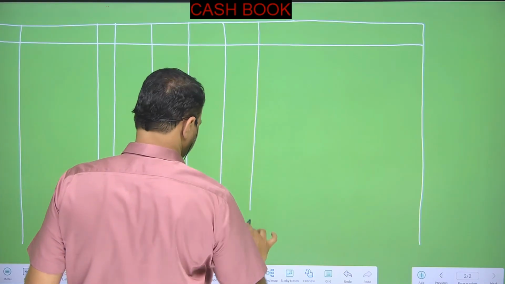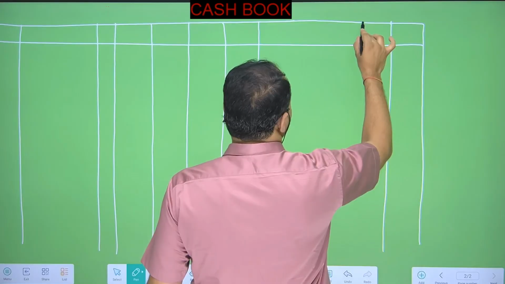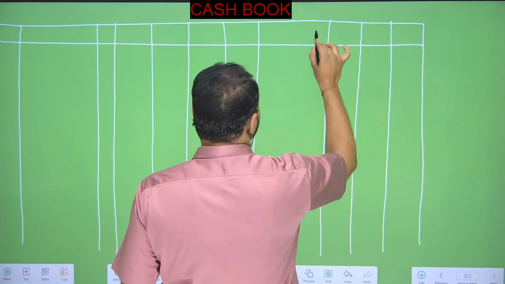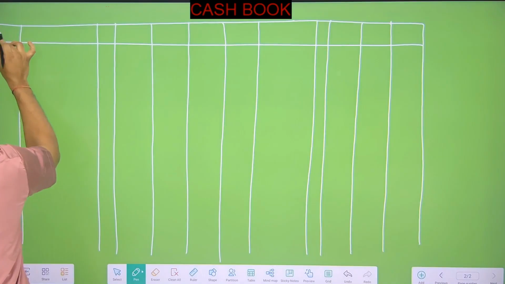Similarly, here also we have to draw one date, one bank column, one discount column, one cash column, one LF column.